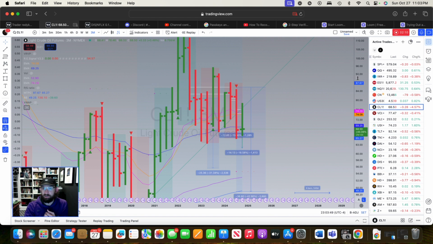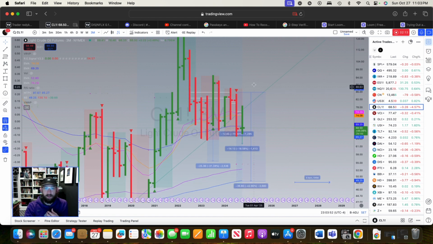What I first noticed is oil has this 3 month downtrend here that theoretically would signal maybe there's a longer term downtrend in place for oil, maybe.